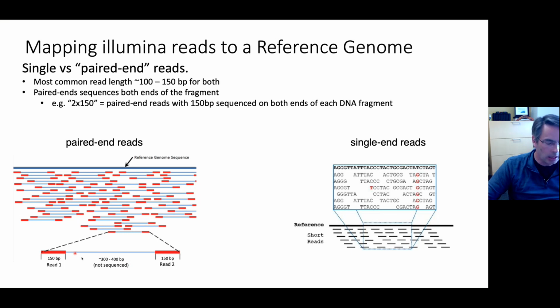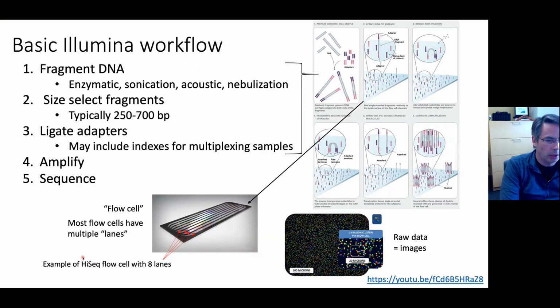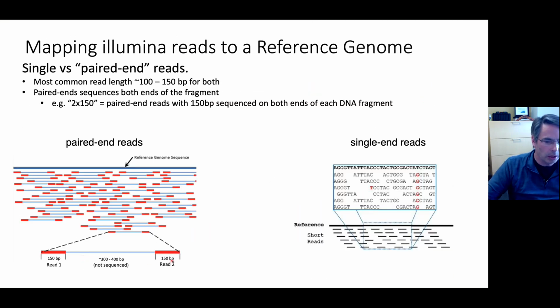So if you can get a tight window on size selection, in this case 150 plus 150 is 300, plus 300 to 400, so you're talking about 600 to 700 base pair fragments.